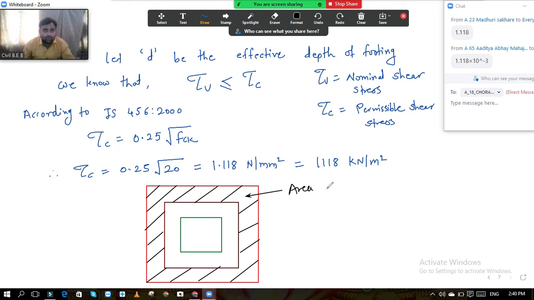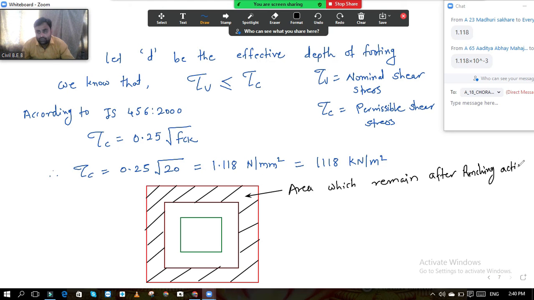This diagram is not necessary for you to draw in the exam, it is for your understanding purpose only. So, the area which remains after the punching action.